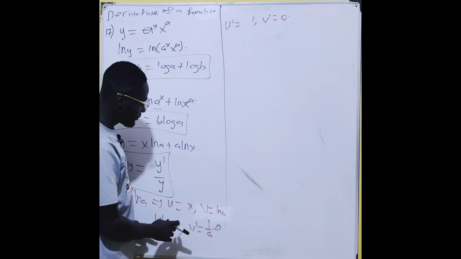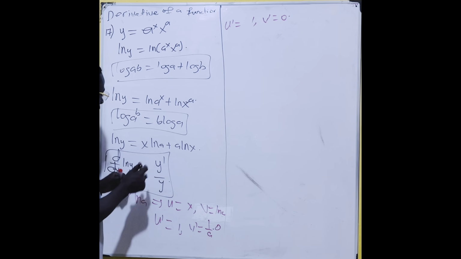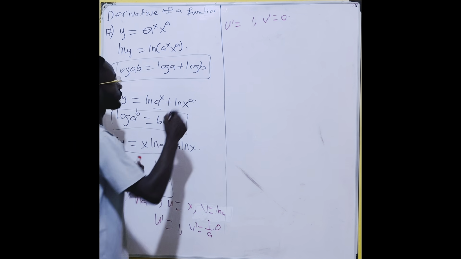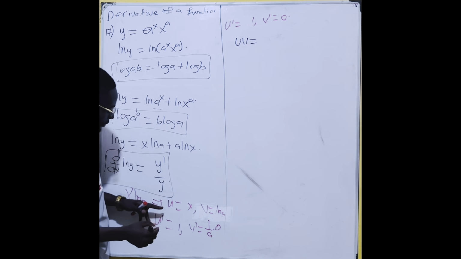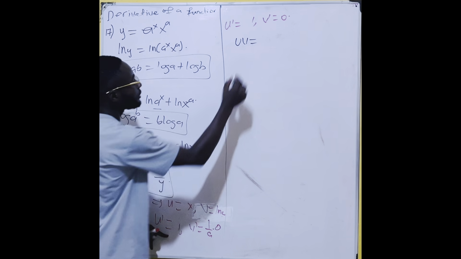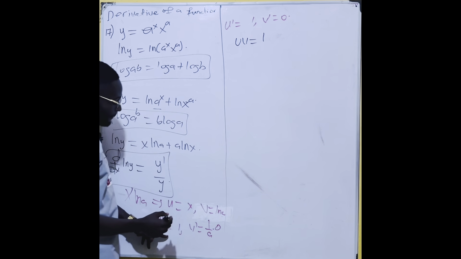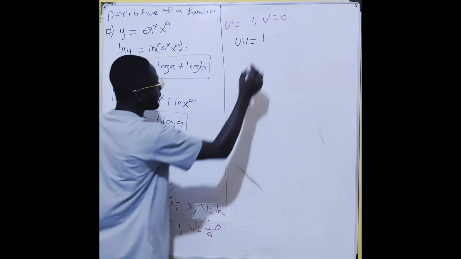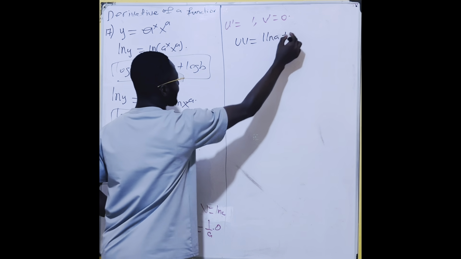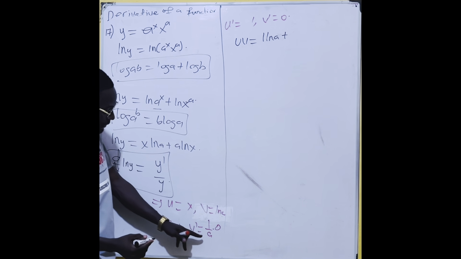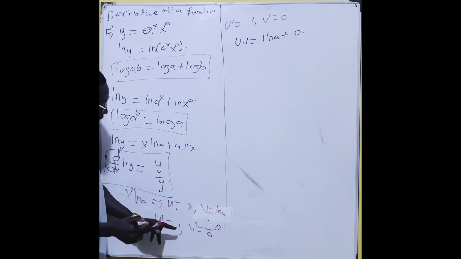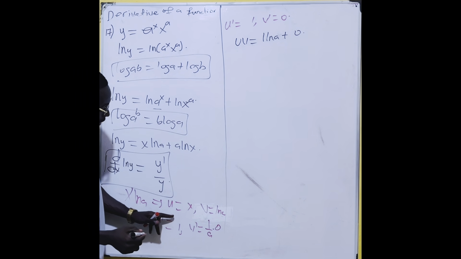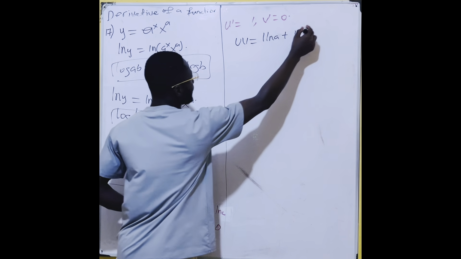Once we have that, that means that the first term, uv, will be equal to our u prime, which is 1, times our v, which is ln a, plus our v prime, which is 0, times our u, which is x, right?